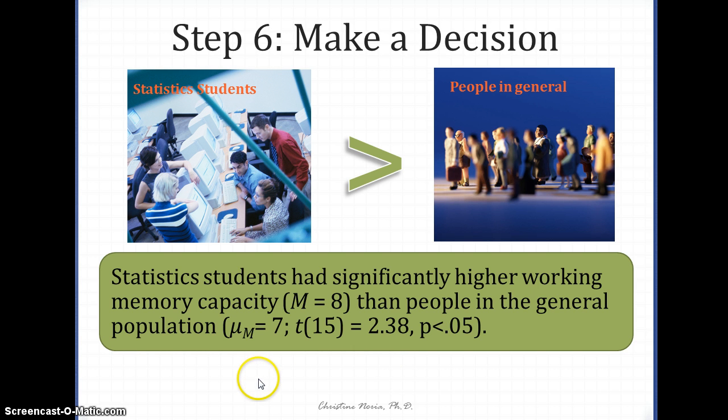So we can conclude that statistics students had significantly higher working memory capacity, a mean of 8, than people in the general population, with a mean of 7. And here we've reported that statistic with the degrees of freedom, then the actual calculated t-statistic, and then our p-value being less than 0.05.